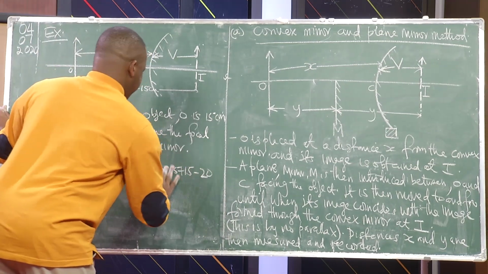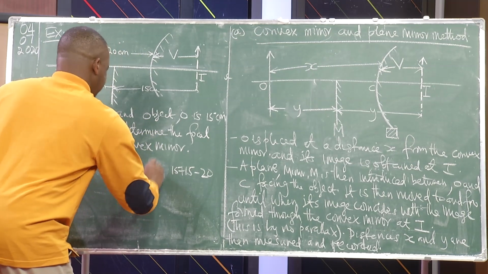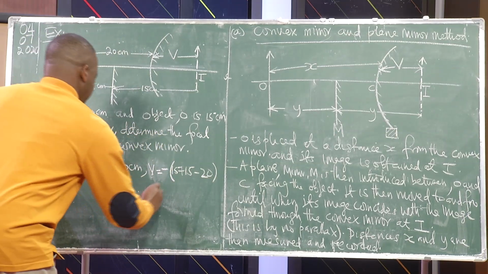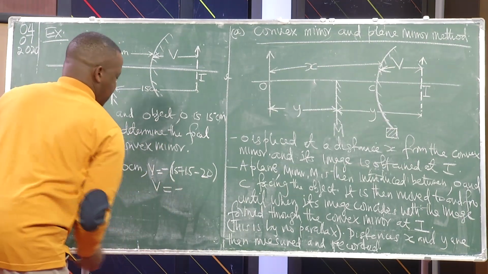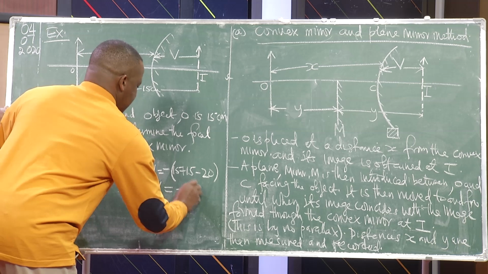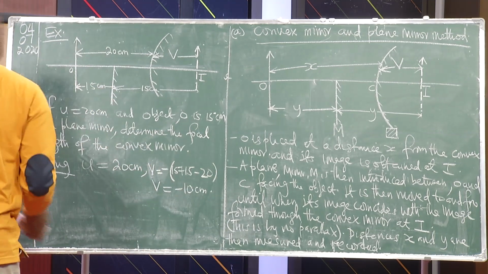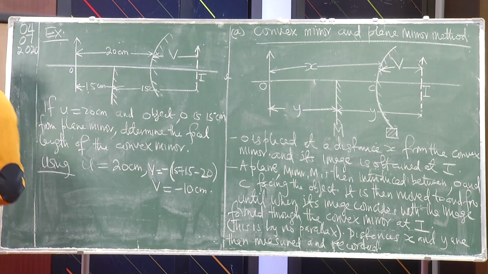And remember that I have said that it is a negative distance. Therefore, our v is negative 10 centimeters.